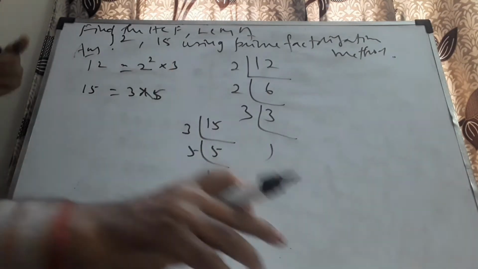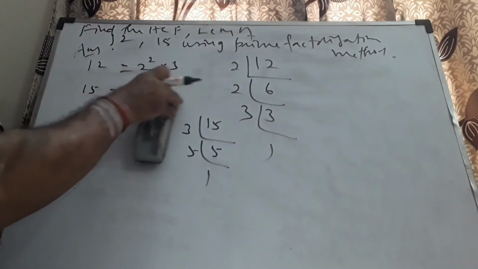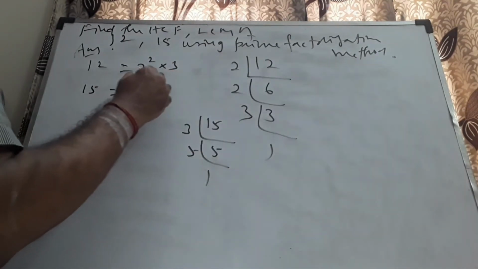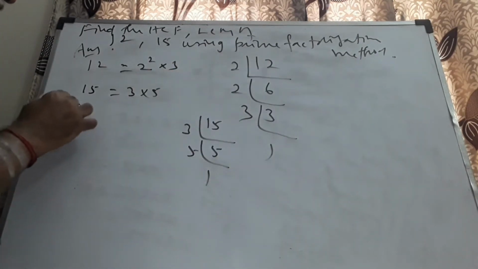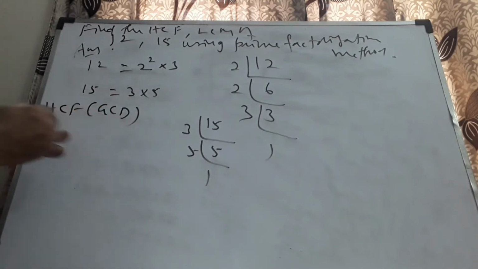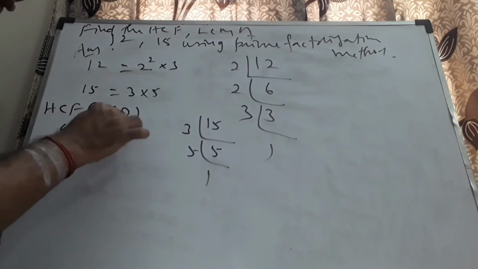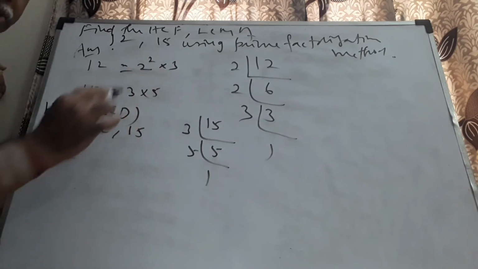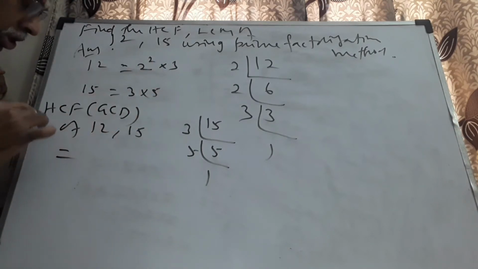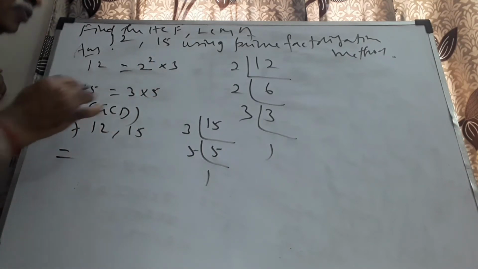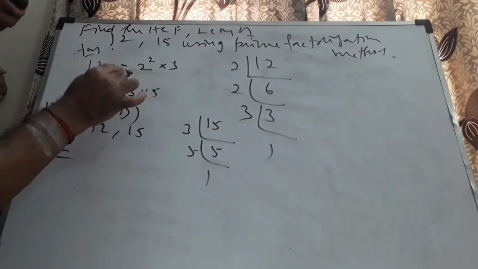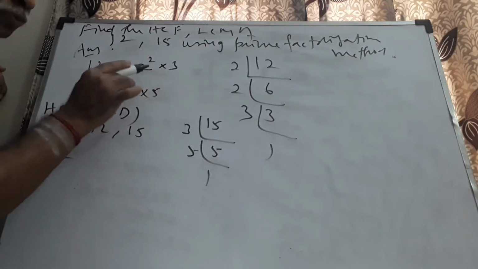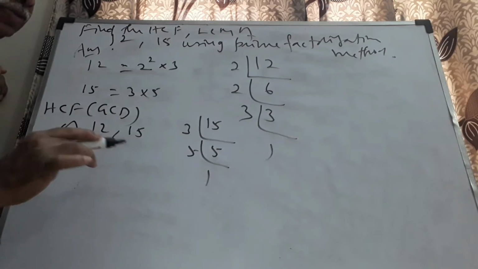Listen carefully. You will have some common factors. HCF or GCD, both are the same: greatest common divisor, highest common factor, of 12 and 15. Out of the common factors, when I have the word highest, I will write the least powers. If more than two numbers are given, I will say least.